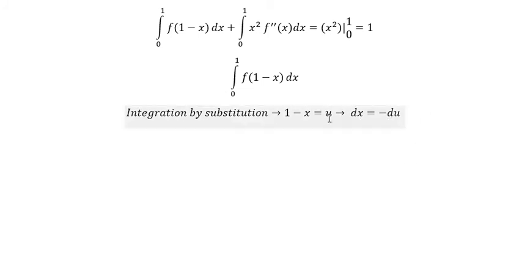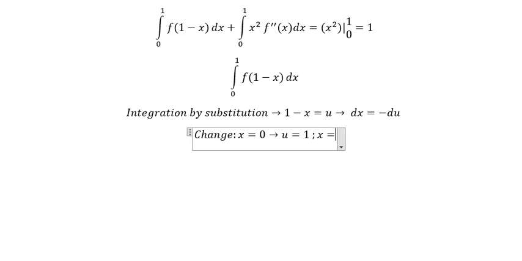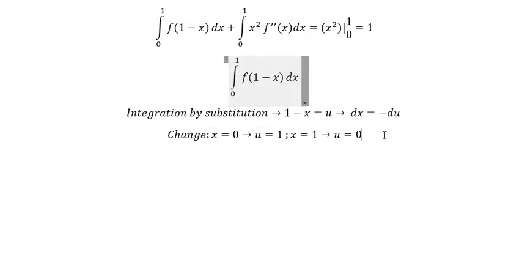And now we need to change the numbers 0 and 1. If s equals 0, u should be number 1. If s equals number 1, u should be number 0. This one we change for u, and ds we change for negative du.